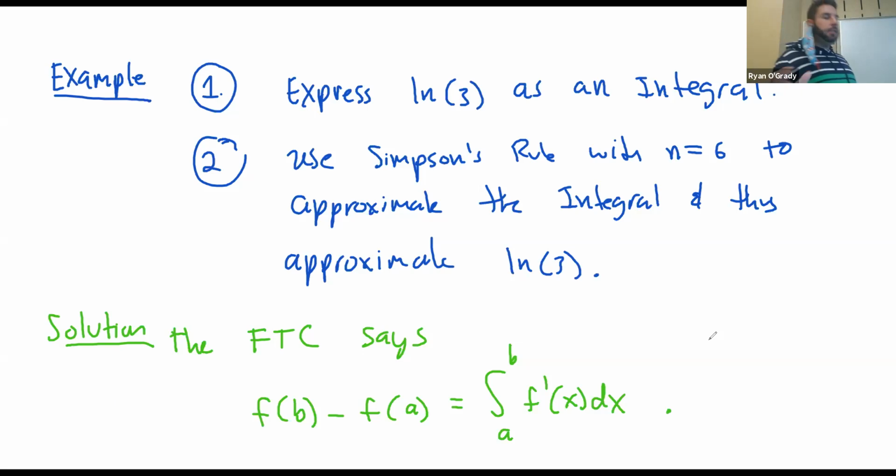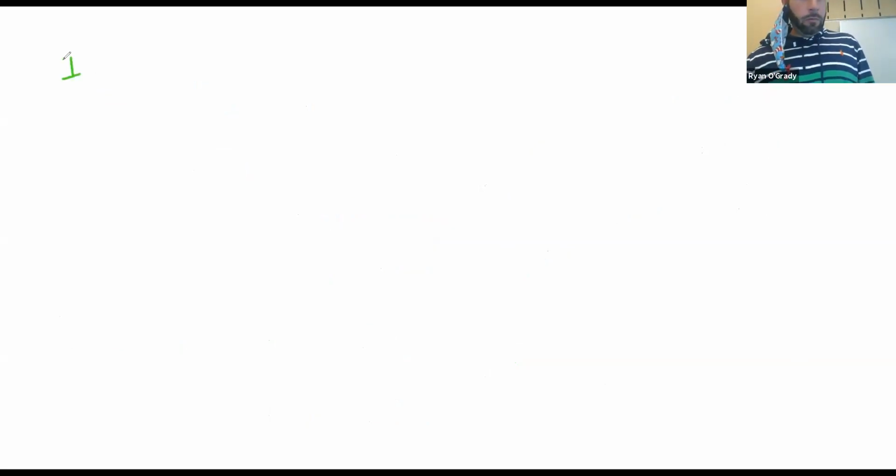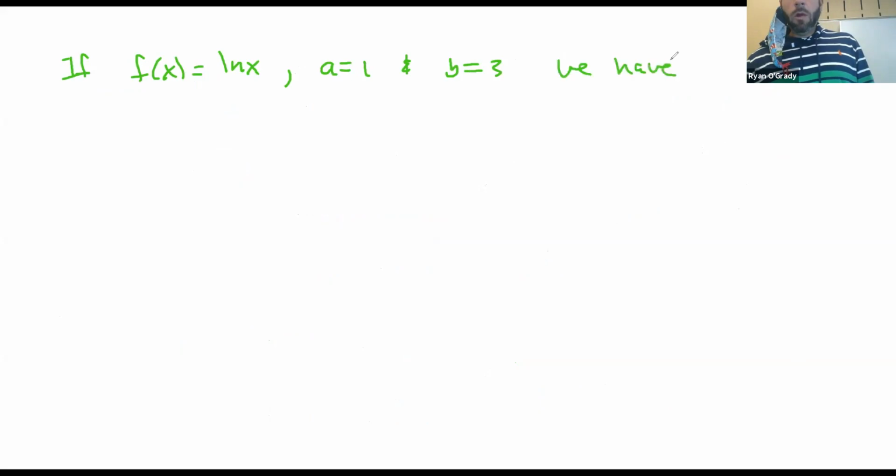Now, I want to apply this formula specifically so that I can incorporate the natural log. In particular, if f of x equals the natural log of x, if a equals 1 and b equals 3, we have log of 3 minus log of 1 equals the integral from 1 to 3 of 1 over x dx.